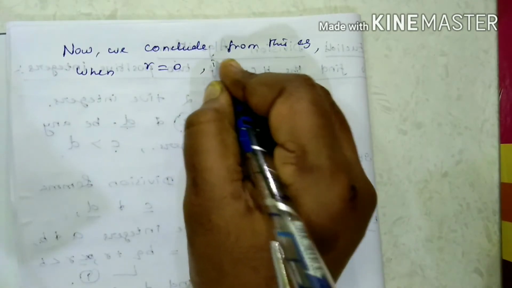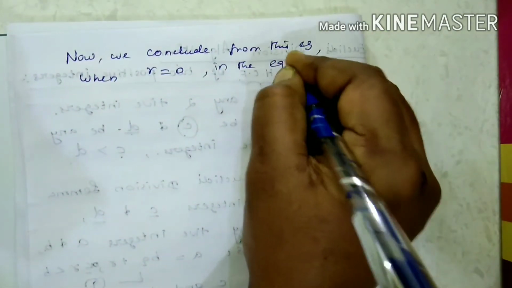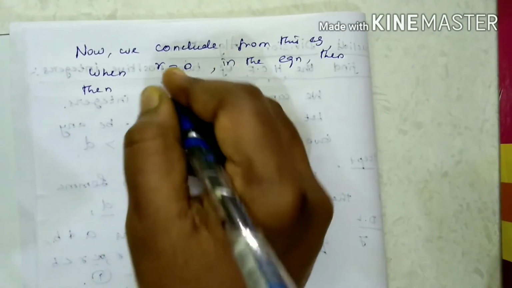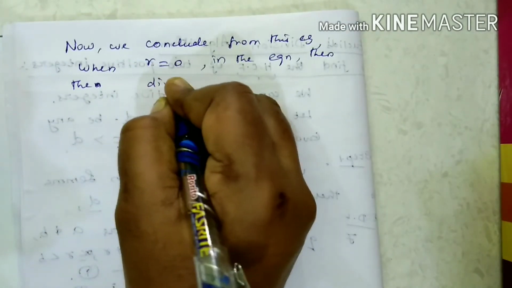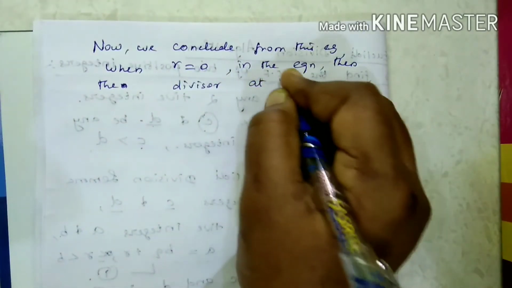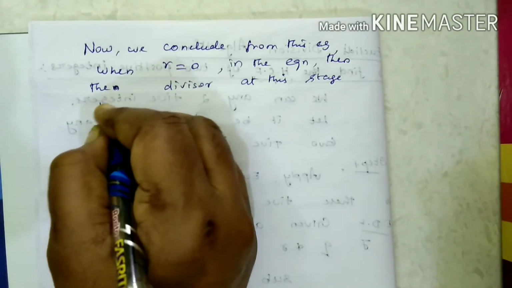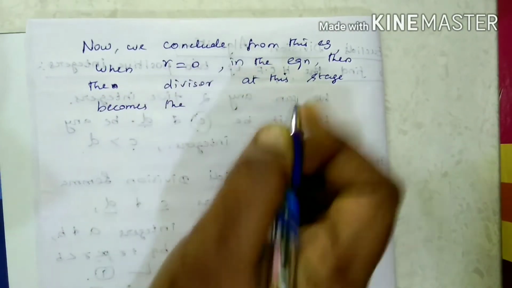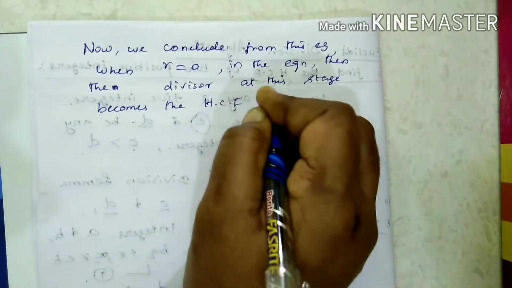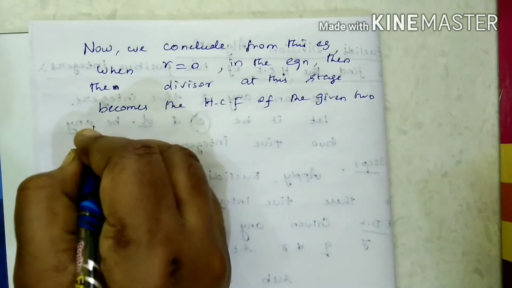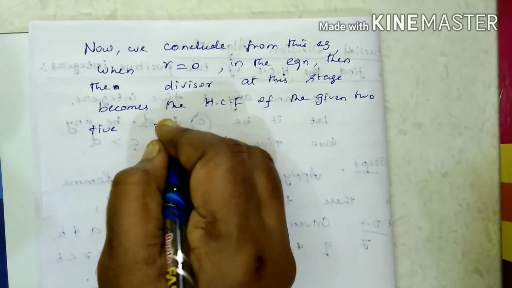So that only we are concluding from this example, that when R is equal to 0 in the equation, then the divisor at this stage becomes the HCF of the given two positive integers.